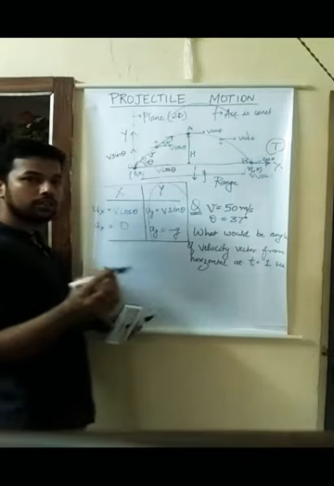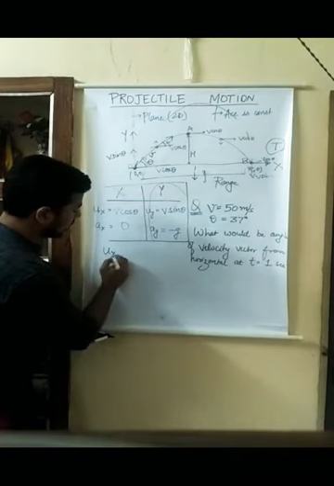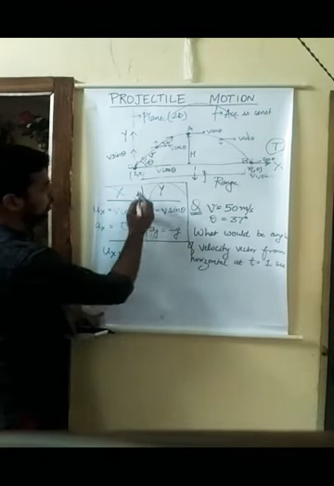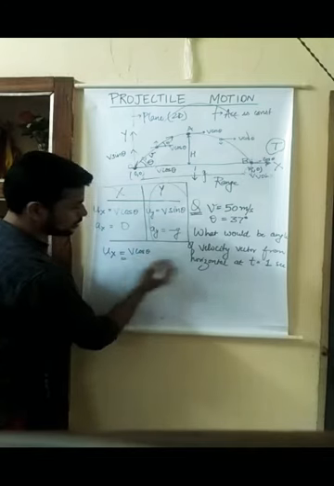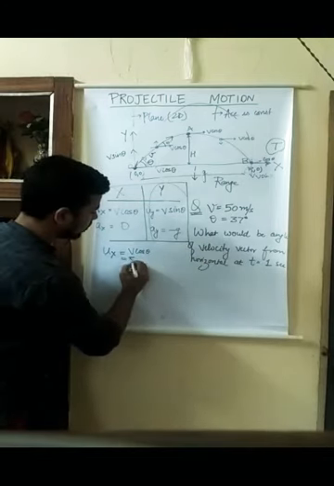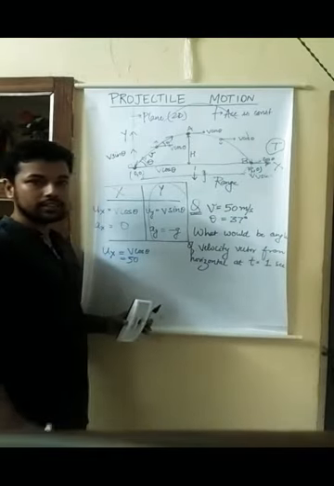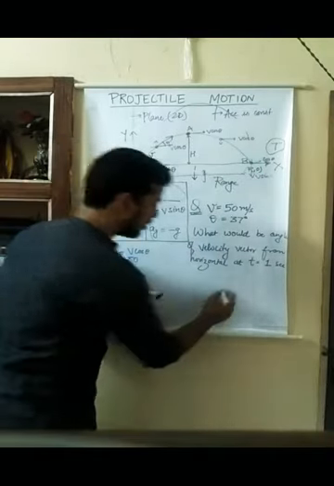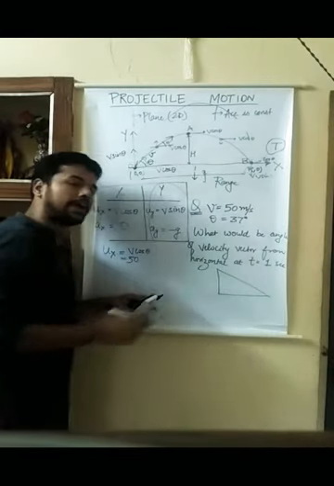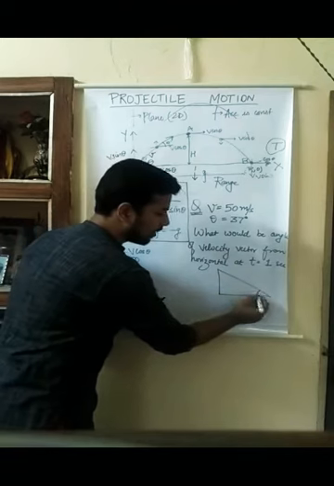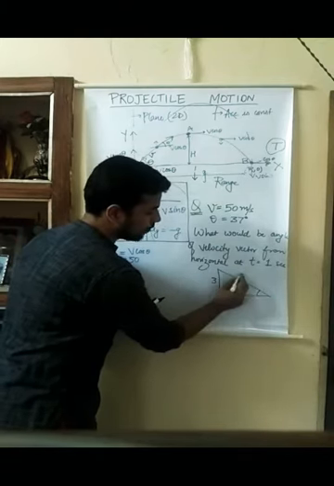Let us first go in the x-axis. Velocity in x-axis is, as you know, v cos theta, that is v is 50, and theta equal to 37 degrees. If you don't know, these are the angles for a right angle triangle with sides of 3, 4 and 5.